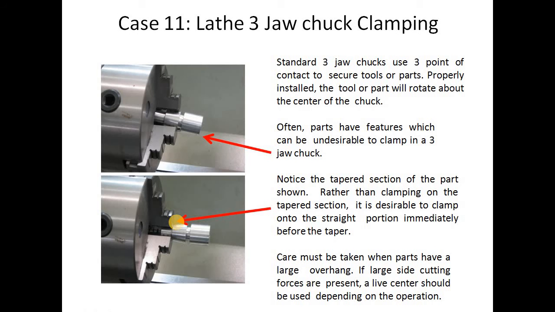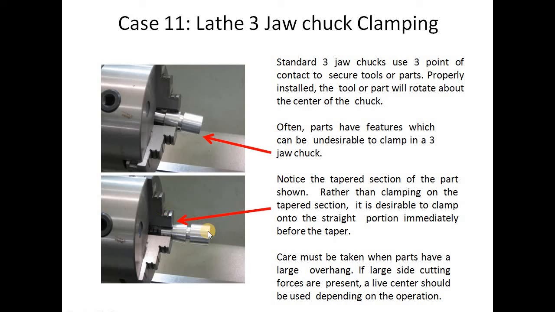Next is three jaw chuck clamping. Look at this, clearly the difference. This is also clamping, this is also clamping, but you can notice the tapered section of the part shown. Rather than clamping on the tapered section, it is desirable to clamp on the straight portion immediately before the taper. If you clamp on the taper section, it will be bent or moved from the center axis.